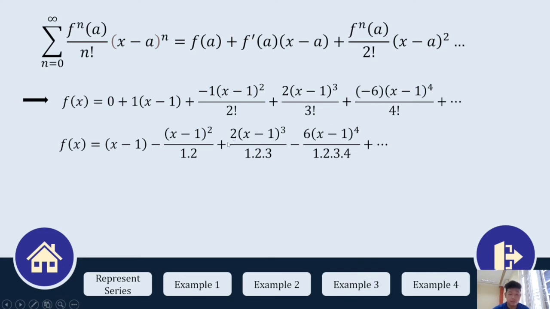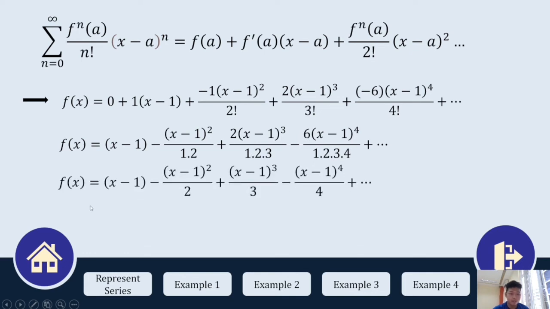In this case we can cancel the 2 and 2 here, and 6 and 2 times 3 would equal 6 as well. So we can simplify these, and we get f of x equal to (x minus 1) minus (x minus 1) to the power of 2 over 2 plus (x minus 1) to the power of 3 over 3 minus (x minus 1) to the power of 4 over 4 plus and so on.